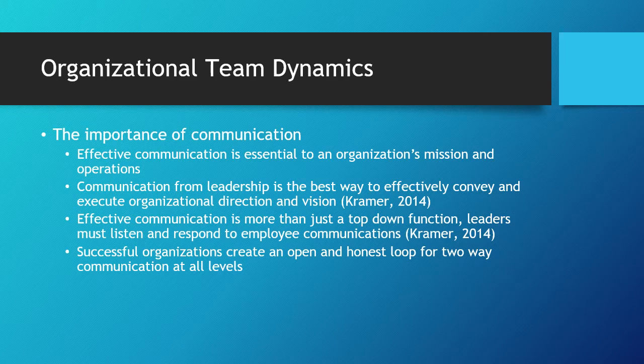Successful organizations then are ones that create an open and honest loop for two-way communication at all levels. And that's one thing that this experience at CSU has really highlighted through case studies and through examining other examples. Two-way communication and open communication at all levels is what separates highly successful organizations from those which are not so successful.